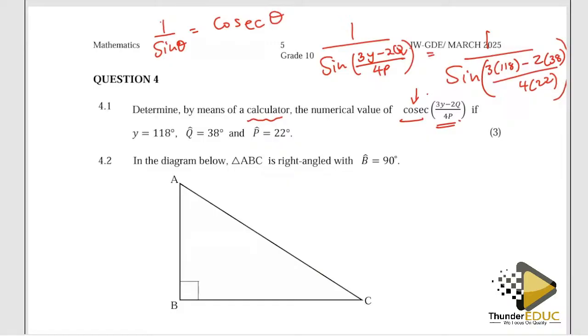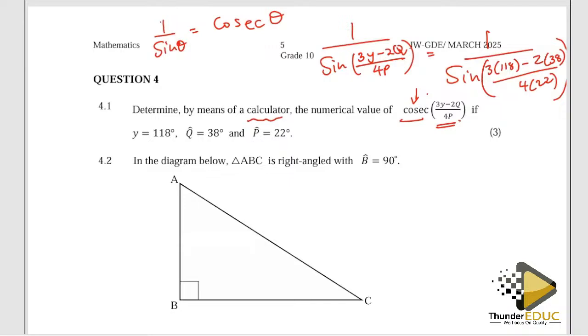For as long as you've shown us the substitution, it's okay. If you want to simplify that, there is no problem. We still love you. So let's do this: 3 times 118 minus 2 times 38, over 4 times 22.